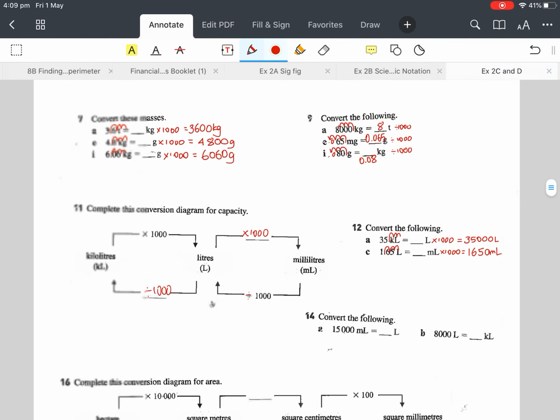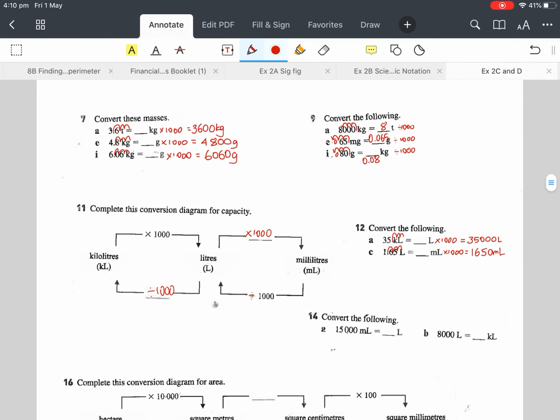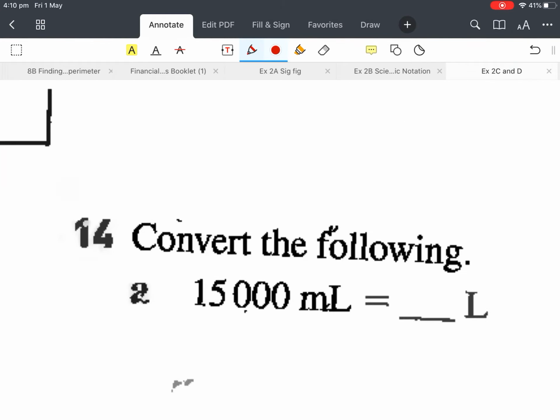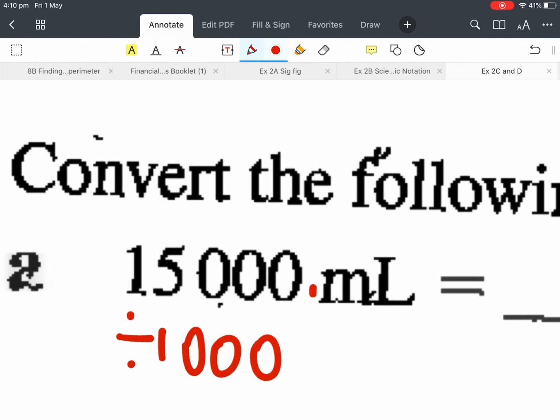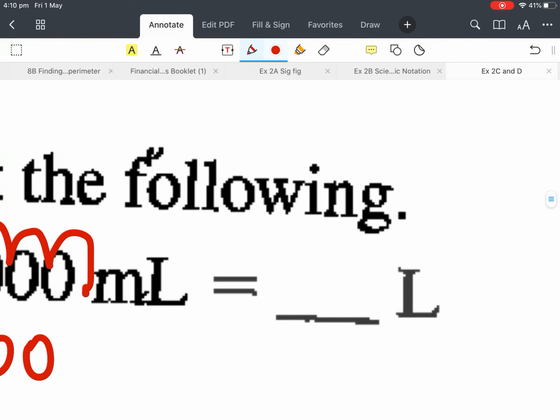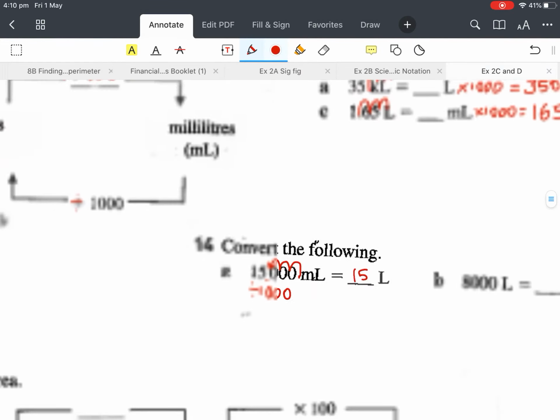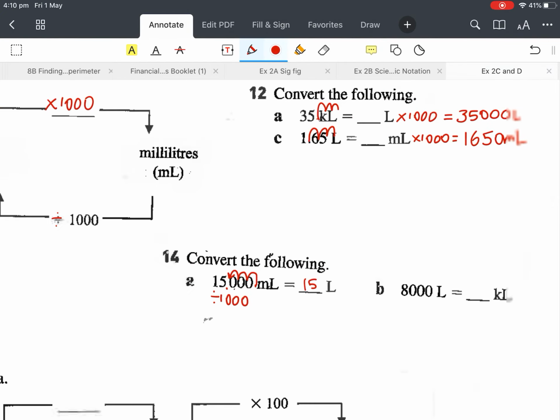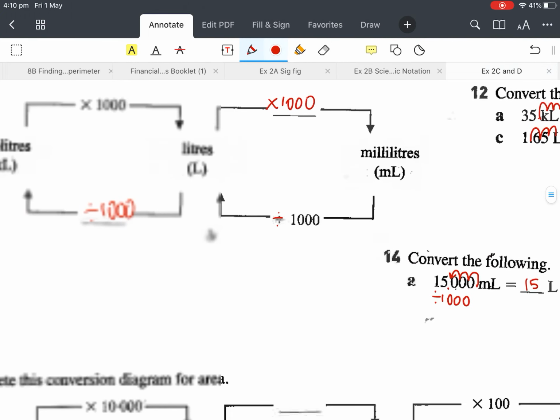Okay, nice and easy. Let's try 14. Convert millilitres to litres. So this time I'm dividing by 1,000. So start at the end and jump 3 spaces. So 15 litres will be my answer. And then 8,000 litres to kilolitres.